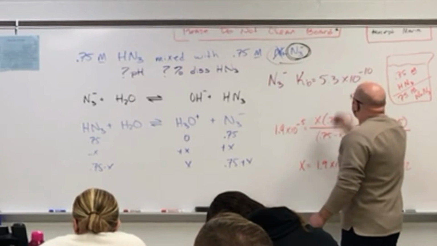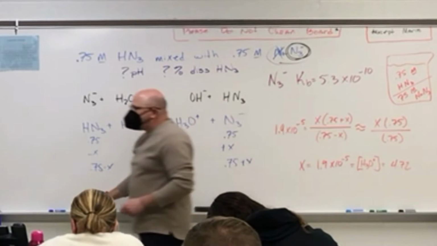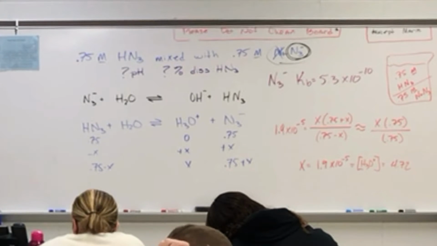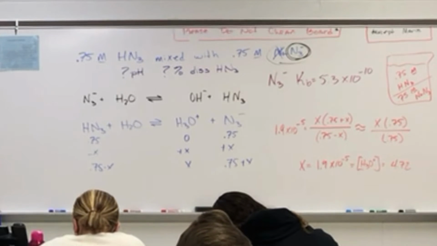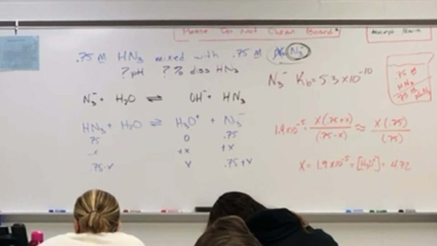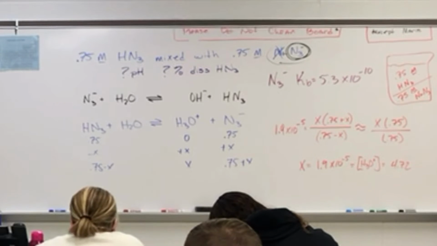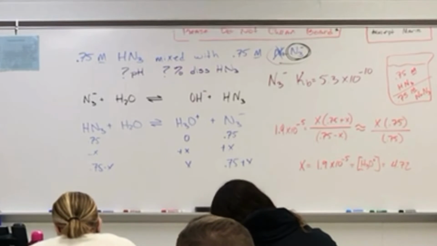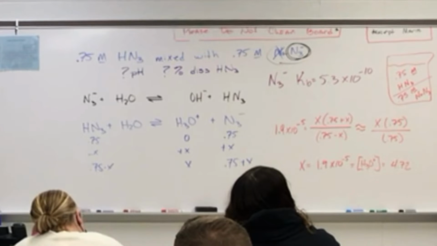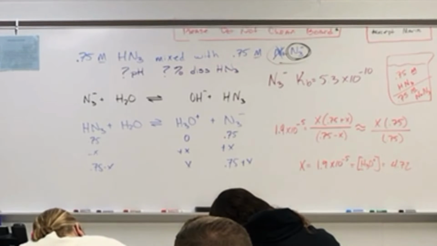So look at the K values: 10 to the negative 5th versus 10 to the negative 10th. The conjugate acid is stronger than the base. So if you did have equal amounts of both, you would have an acidic solution.